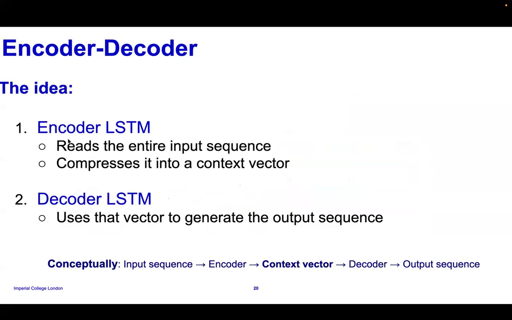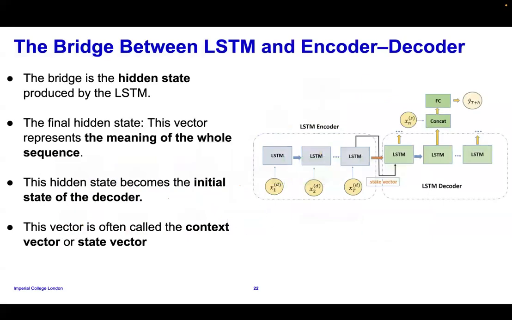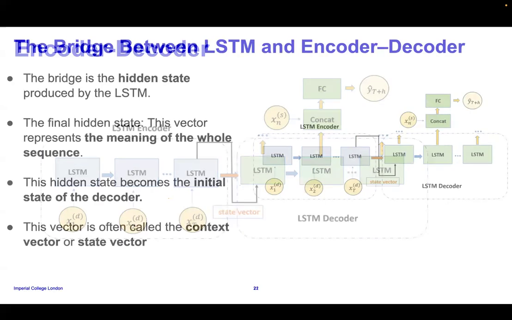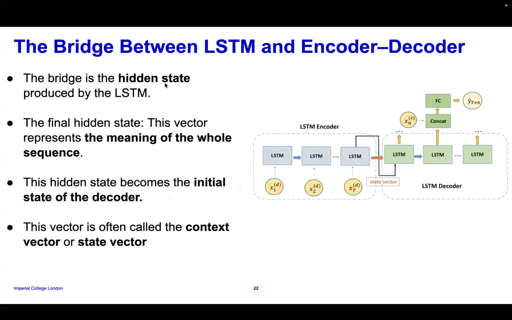That's what we mean. The encoder LSTM reads the entire input sequence and compresses it into a context vector, and now the LSTM decoder takes over. This context vector, the state vector, is sometimes called the hidden state. This final state vector represents the meaning of the whole sequence.